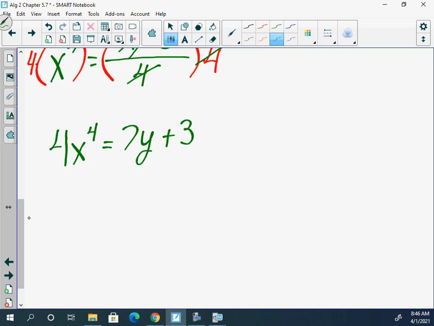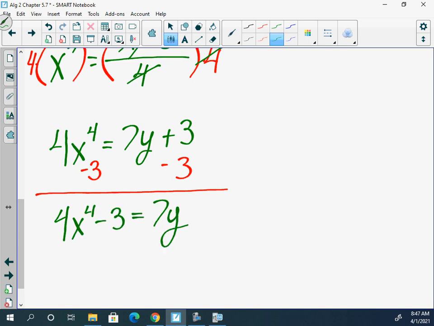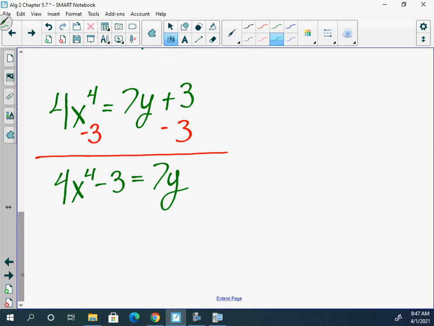So any questions on how we got to this point here? Just a lot of manipulating this equation, yes? Now what's next? Yes, we would minus the 3. Would give us 4x to the fourth minus 3 equals 7y. Divide by 7, yes.